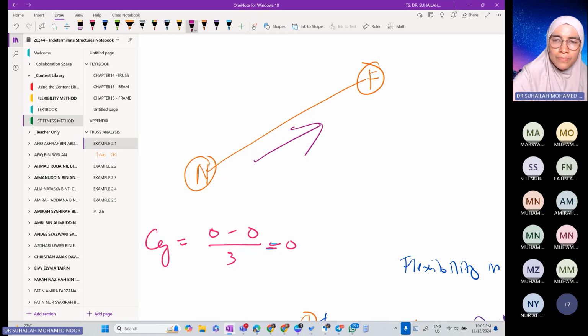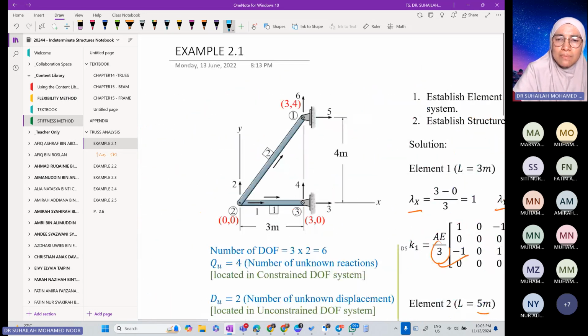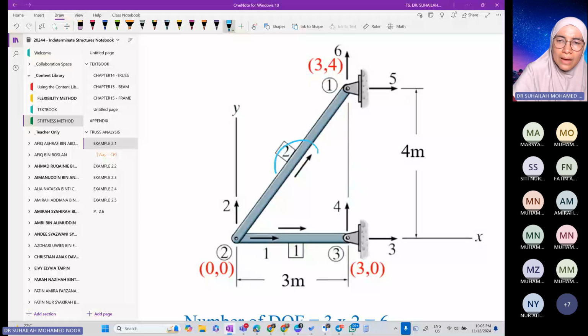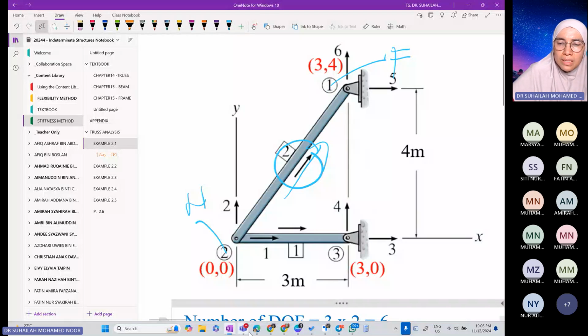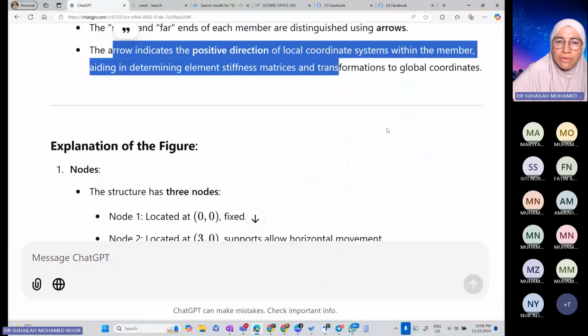When we put an arrow, it means the arrow is moving towards the far end. So when we put the arrow like this, this point automatically becomes far, and behind it becomes near. Near and far. So this is very important. We need to identify near and far end.